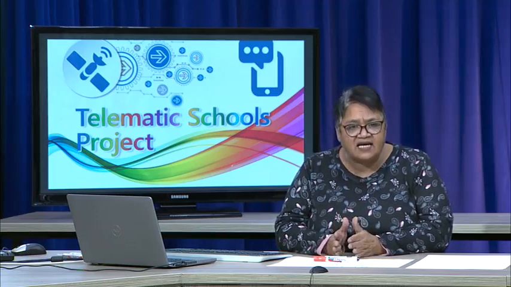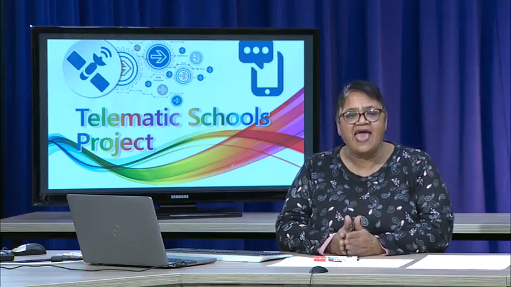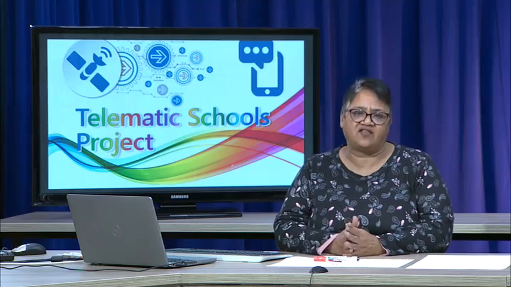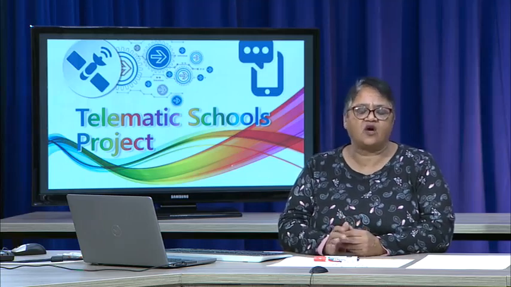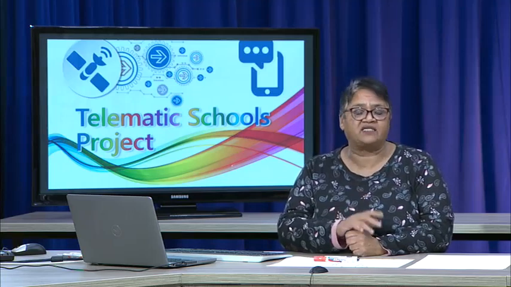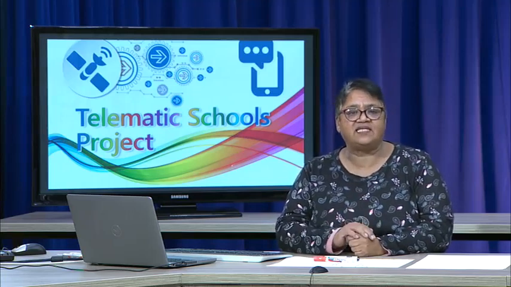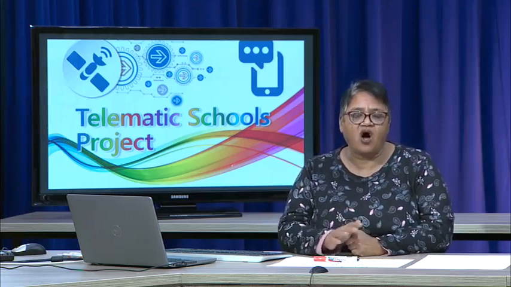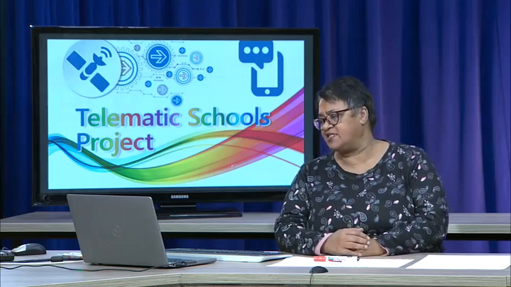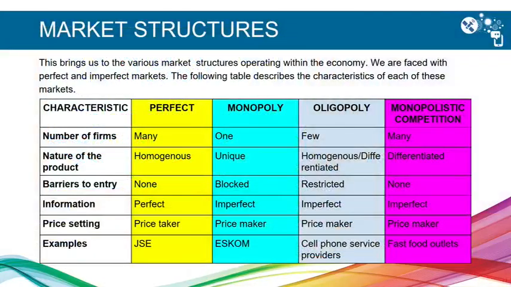Now, NERSA is the National Energy Regulator of South Africa. So before Eskom can just say, oh, we're putting up the price by 10% or 20%, they first have to pass it by NERSA. So that's just another way in which government controls things within the market.